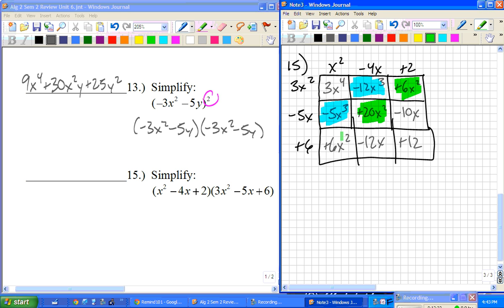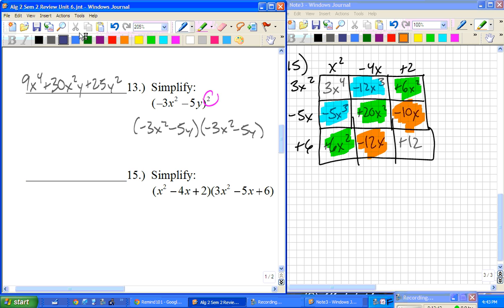Let's try to find all of our like terms. There they are. And then once you start adding them all up, you should get 3x to the fourth minus 17x cubed plus 32x squared.